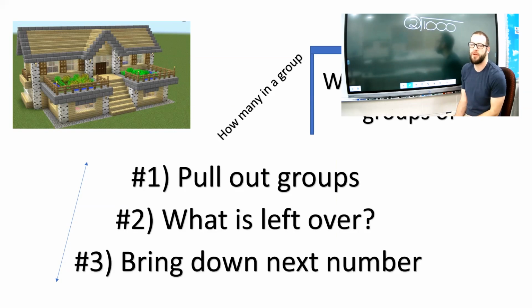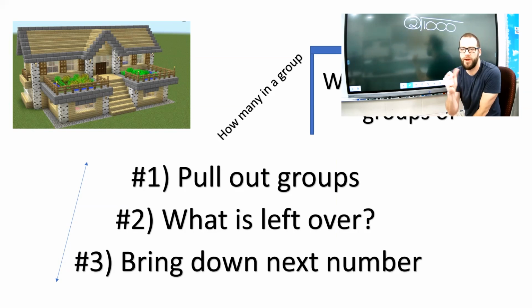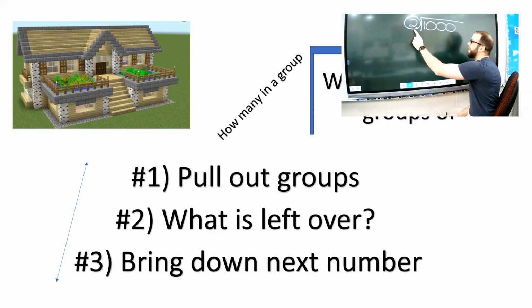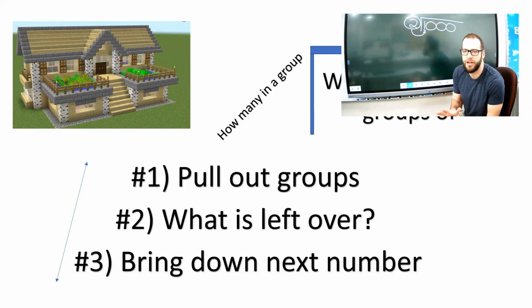And yes, I know 3 of my students right now are saying 500. But that's not the point. I'm starting with an easy question so we can get this process down so we understand it. So we're going to take our 2 and we're going to go into the problem. The first thing you ask is, can I go into 1? Can I take groups of 2 from 1?